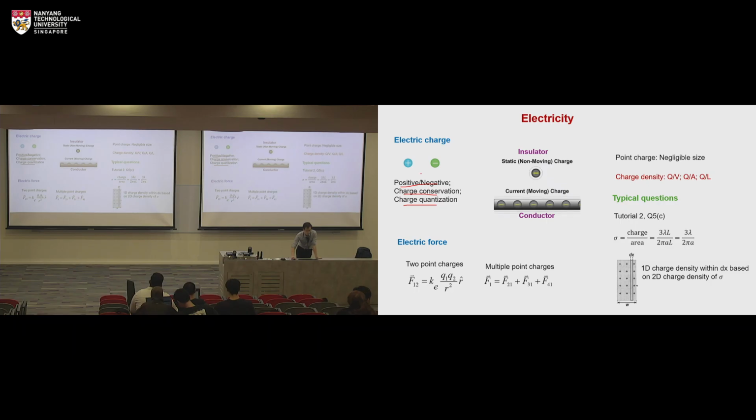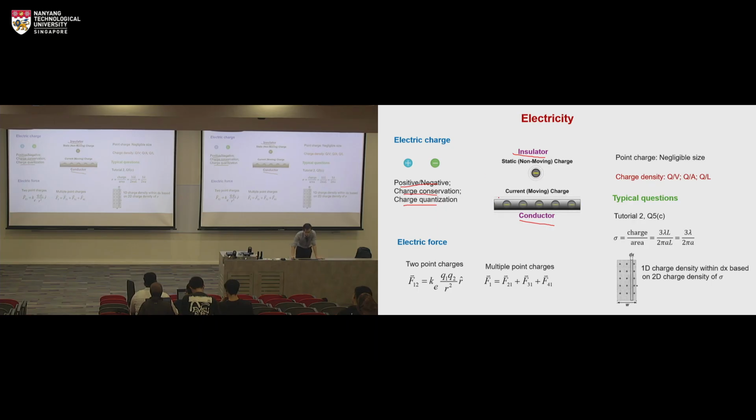And once we understand the behavior of a single charge, then we can classify material either into an insulator or a conductor. And the only difference is whether this charge can move freely or is fixed inside the material.